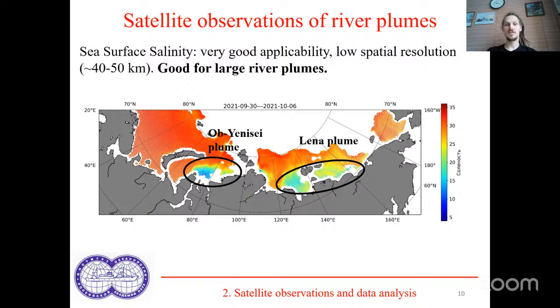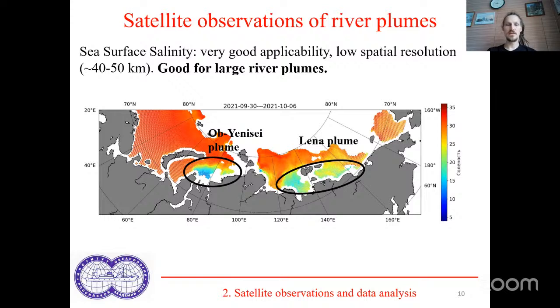Satellite salinity is a perfect feature to study river plumes, but only large ones, because the spatial resolution of satellite salinity is quite coarse, like several dozens of kilometers.